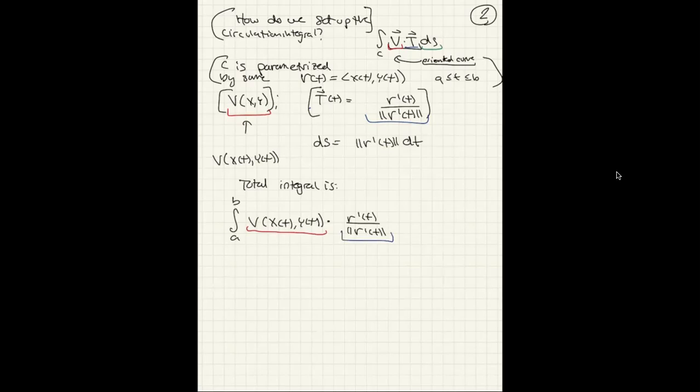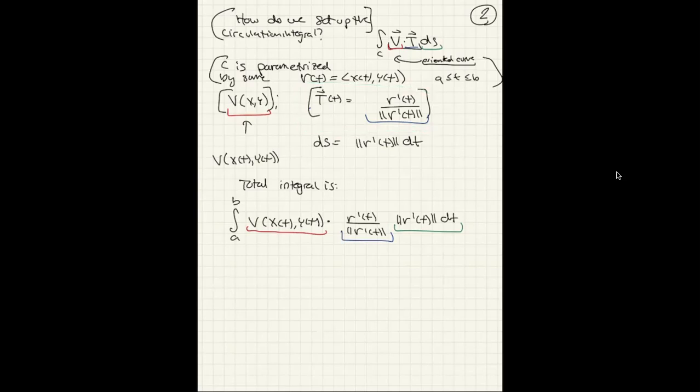And ds, which is the magnitude of r prime of t dt. This is your ds. And how do we know T of t? Joe is asking, where do we get this thing from? Remember, if you have any vector and you want to make it unit, you divide by its magnitude, and that's all we've done right there.